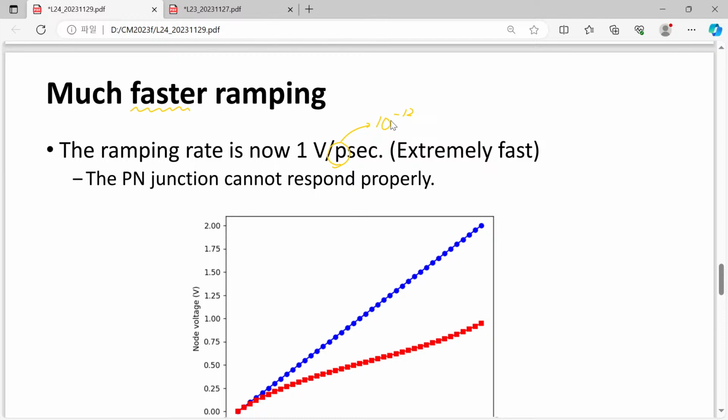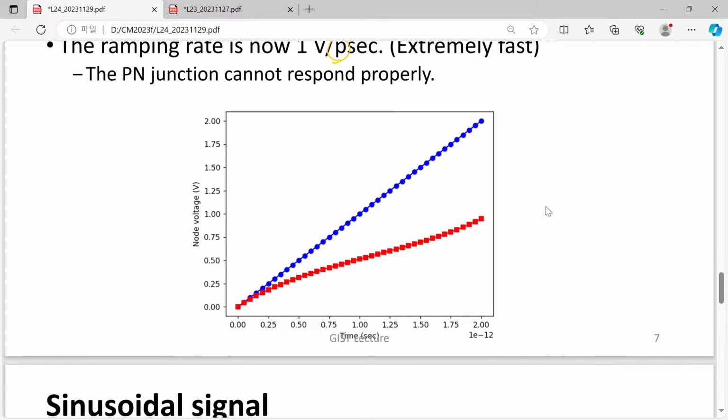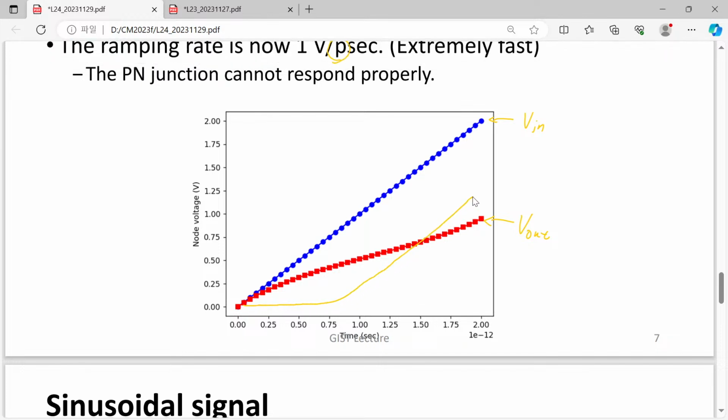Now please have a look at this. Once again, this is our output voltage, and this is the input voltage. If everything is just normal, then maybe you remember or you expect this kind of behavior.